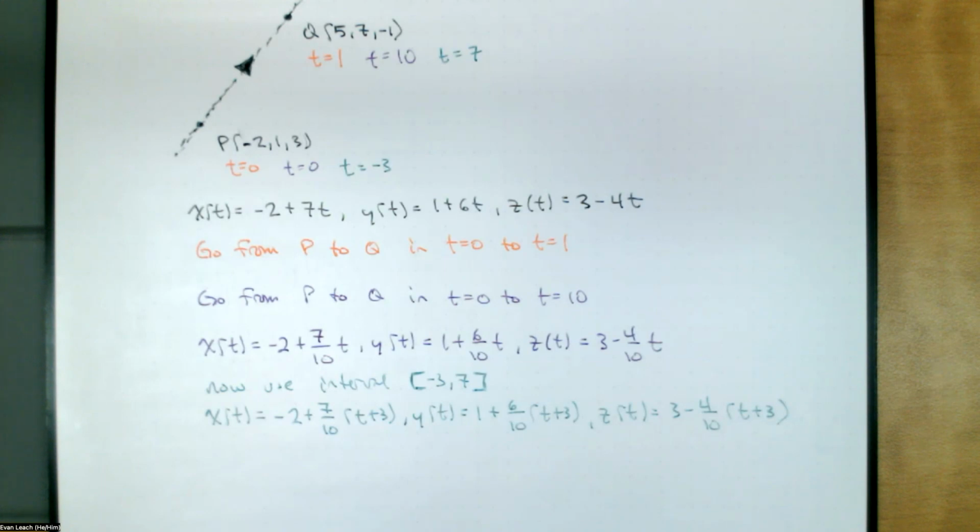I wanted to do this last one because I'm not sure how comfortable people are with horizontal and vertical shifts and things like that. Calc 1 is too late. This comes up in trig.